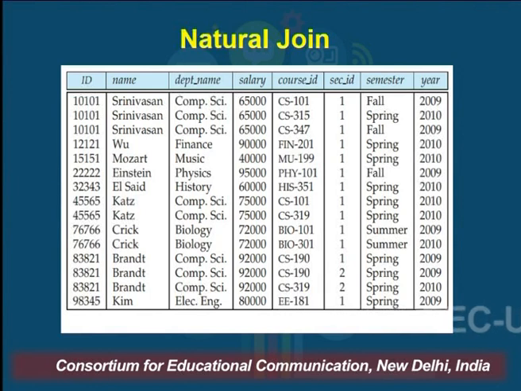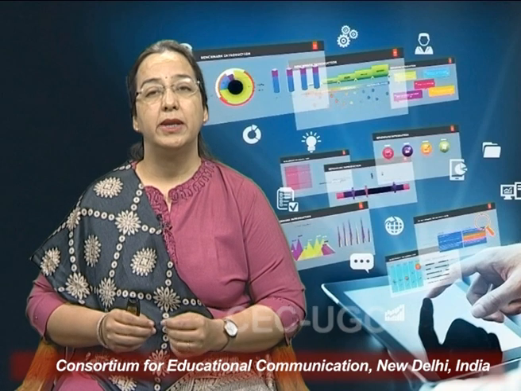Two things here are very important: what attributes and tuples are included in the resultant relation, and the order in which the attributes are listed. Please remember that attributes which appear in the schemas of both relations will not be repeated; they will appear only once.